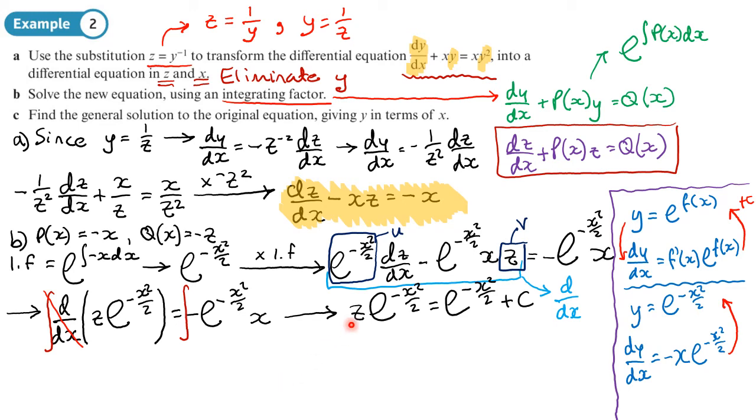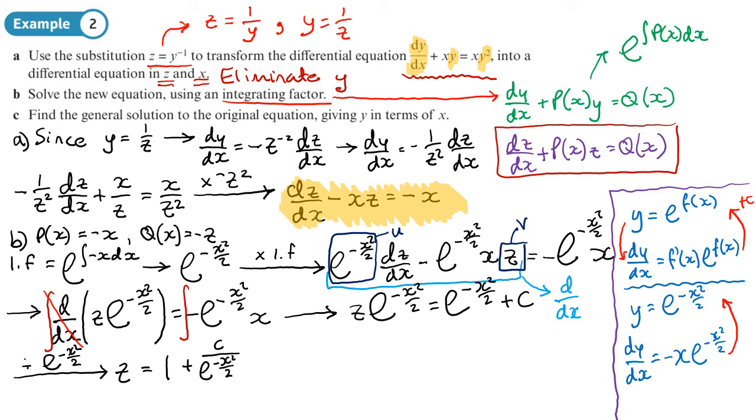Then the last step now will just be to divide everything by the integrating factor. So divide everything by e to the minus x squared over 2, and that will leave us with z equals 1 plus our constant over e to the minus x squared over 2.